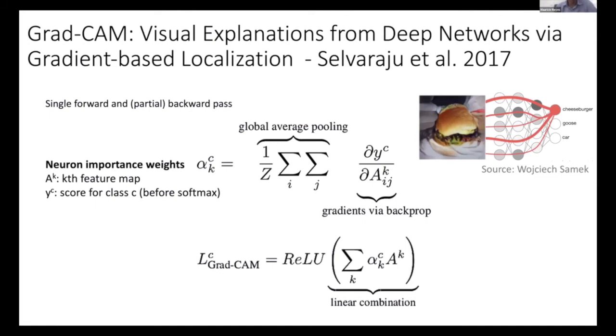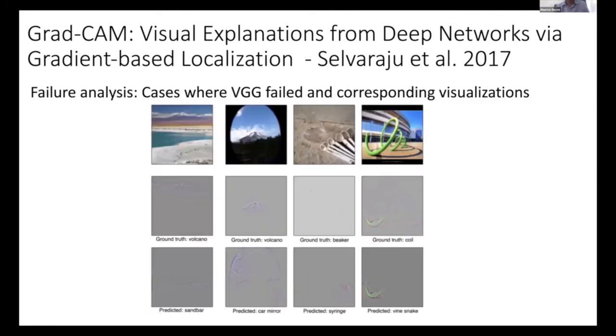Let me show you some interesting failure cases where Grad-CAM can be used to spot problems. For example, here you see a volcano with a lake, and the ground truth for this image was a volcano. But the model predicted a sandbar. When you look at the saliency maps from the Grad-CAM, this is multiplied by the gradients, you see that the volcano is no longer there.